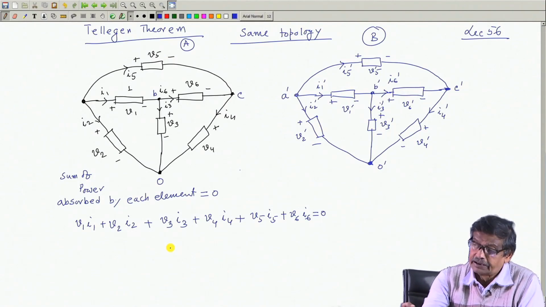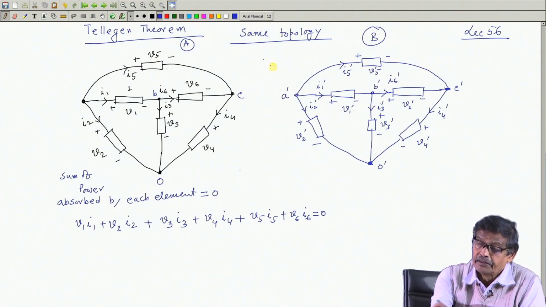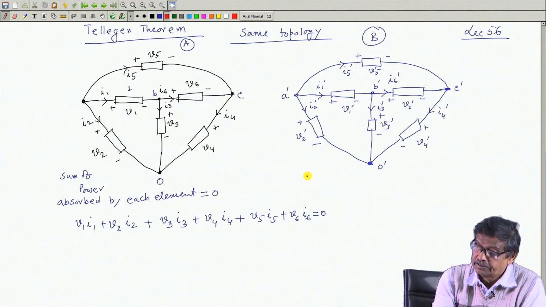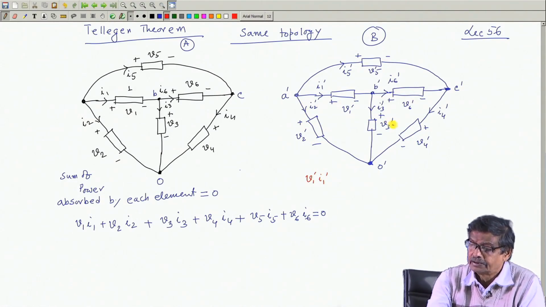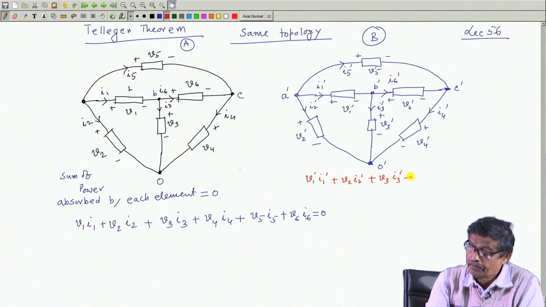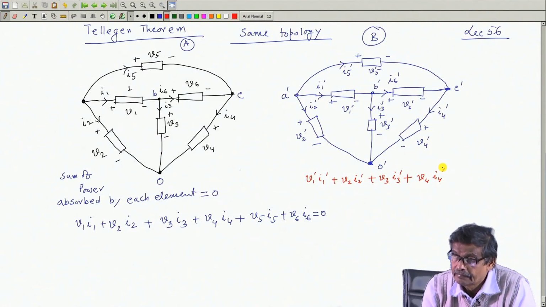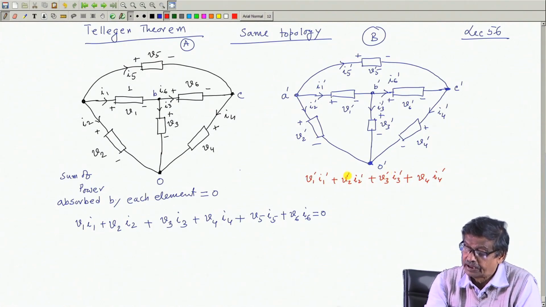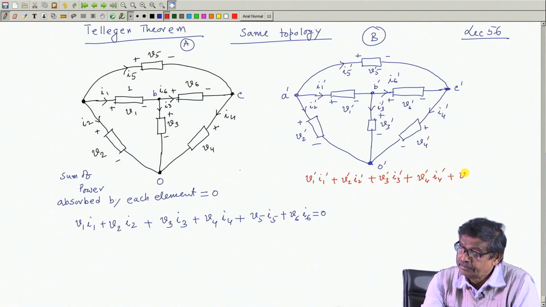Similarly, in this network separately, the only thing is these numbers have been replaced by primes. Therefore, for network B, a similar equation will be V 1 dashed I 1 dashed, absorbing power, all the elements are, that is how I have assigned the directions, plus V 2 dashed I 2 dashed plus V 3 dashed I 3 dashed plus V 4 dashed I 4 dashed plus V 5 dashed I 5 dashed plus V 6 dashed I 6 dashed.